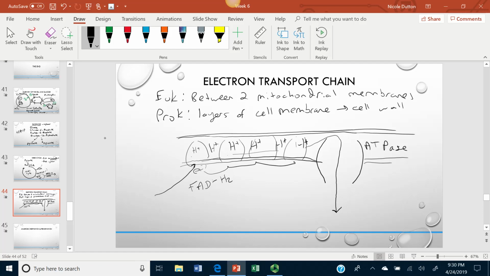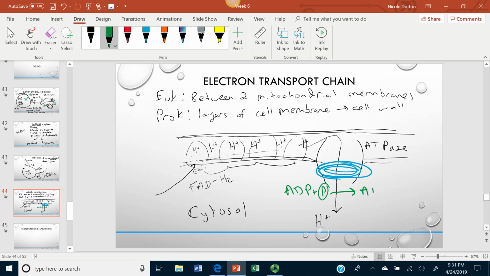As the hydrogens go down their concentration gradient, now they're back inside of the cell. So this is the cytosol. As the hydrogen ions flow through this channel, it causes a rotation. And this thing will rotate and rotate and rotate. And that rotation takes ADP and adds a phosphate to make ATP.